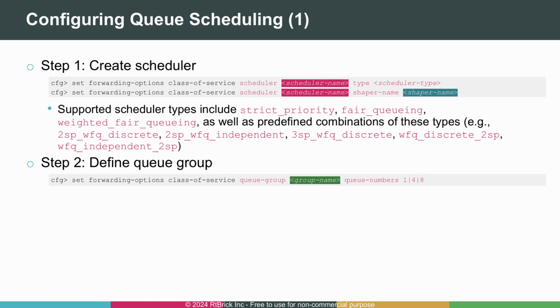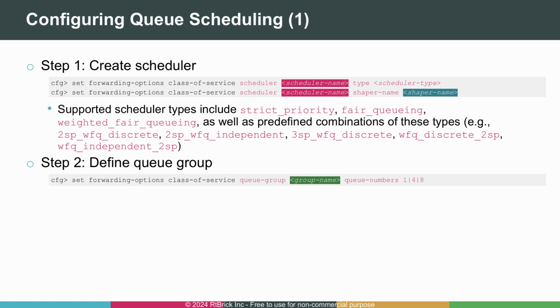Let's wrap up the commands needed to configure scheduling in RBFS. The first step is to configure one or more schedulers using the set forwarding-options class-of-service scheduler command. RBFS supports multiple scheduler types, including strict priority, weighted fair queuing, and combinations of basic scheduler types.